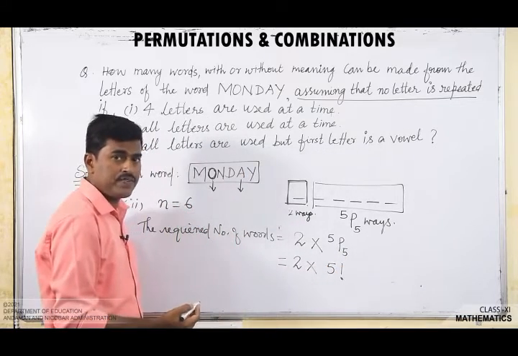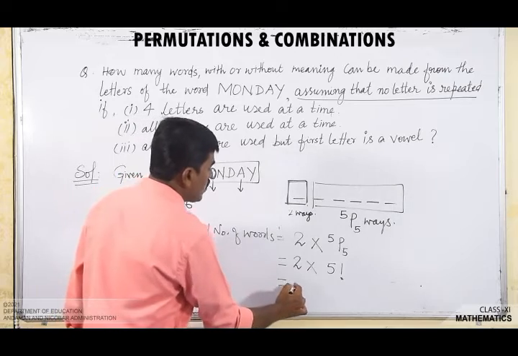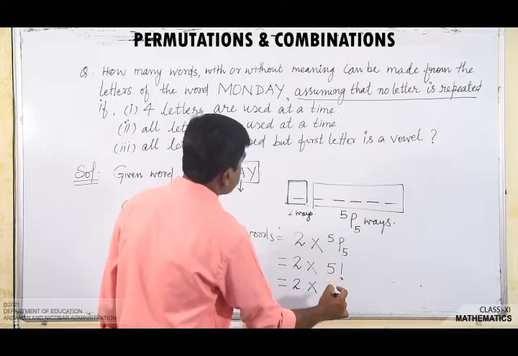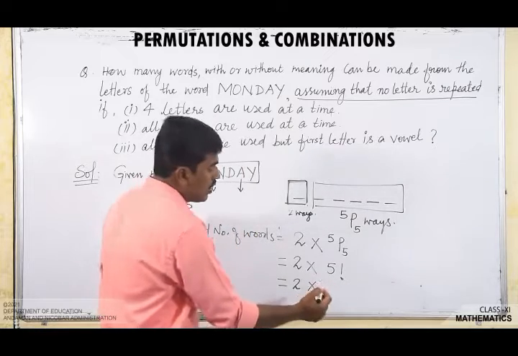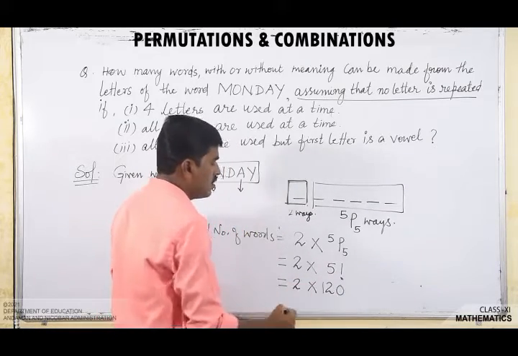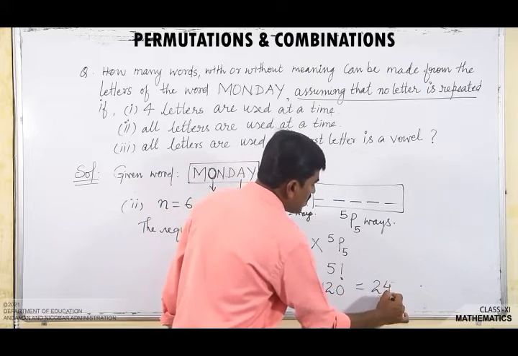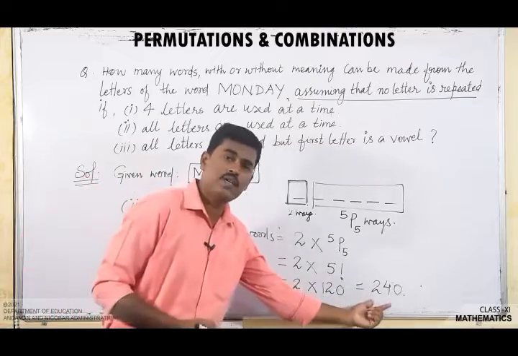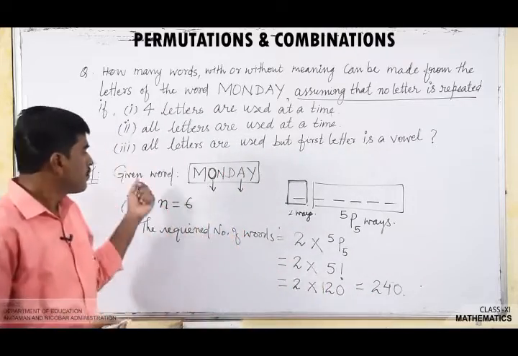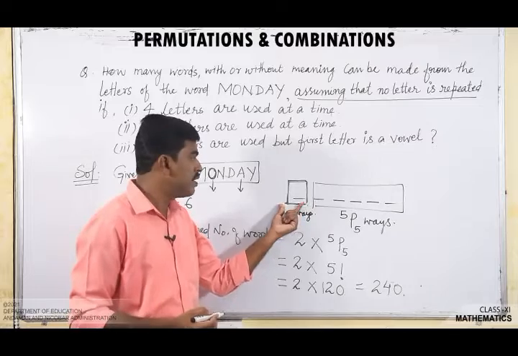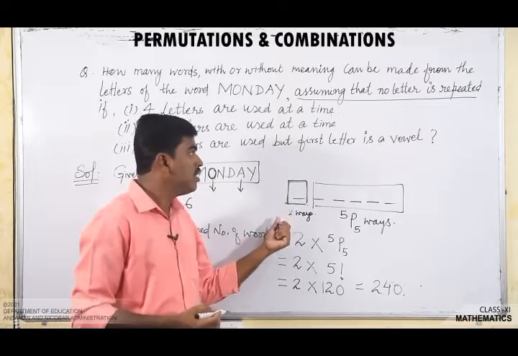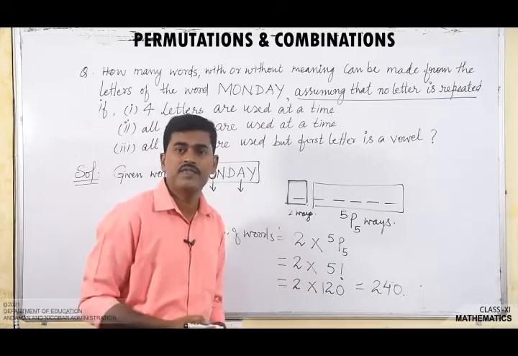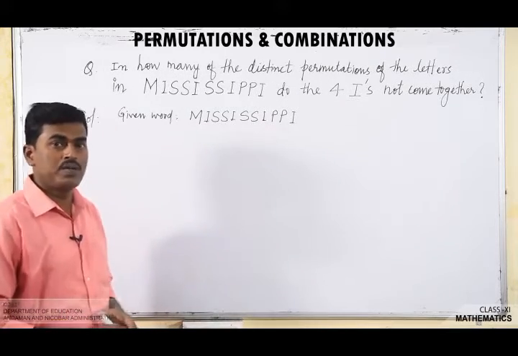Directly we can write it as 5 factorial. So that is equals to 2 into, what is the value of 5 factorial? That is 120. So it is equals to 240. So the required number of words in this case is 240. So if the first letter is a vowel, then the total number of required words is 240. Clear? Now let us move on to the next question.